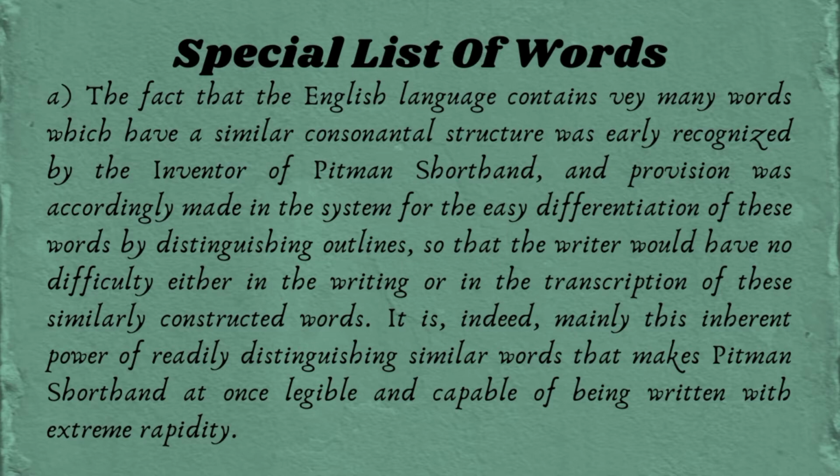The fact that the English language contains very many words which have a similar consonantal structure was early recognized by the inventor of Pitman Shorthand, and provision was accordingly made in the system for the easy differentiation of these words by distinguishing outlines, so that the writer would have no difficulty either in the writing or in the transcription of these similarly constructed words.